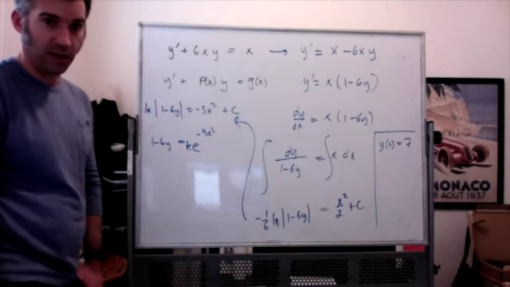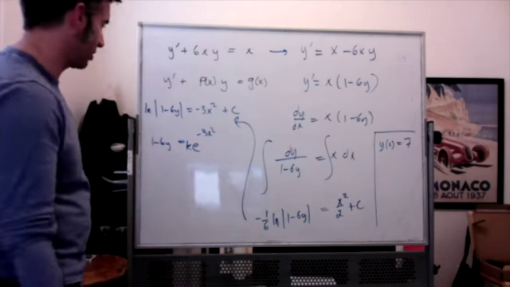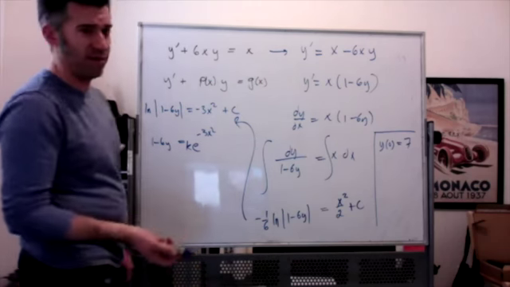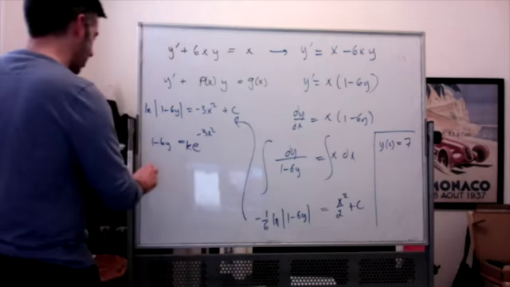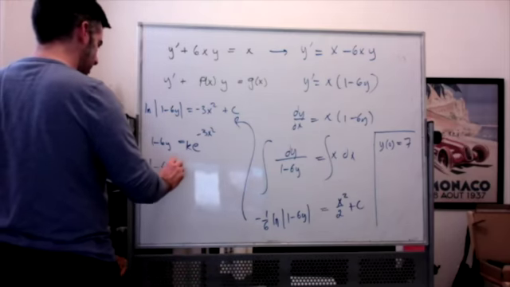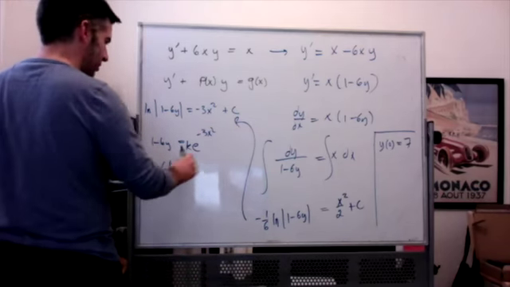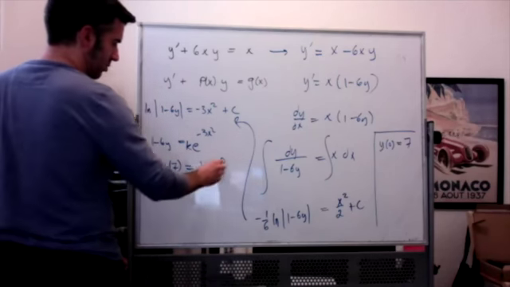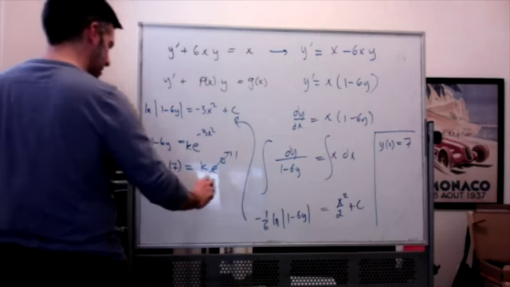Then we're going to plug in our initial conditions. So y of 0 is equal to 7. Maybe I picked a crazy number. That's all right. So 1 minus 6 times 7 is equal to k times e to the 0, which is just 1. So k is negative 41.